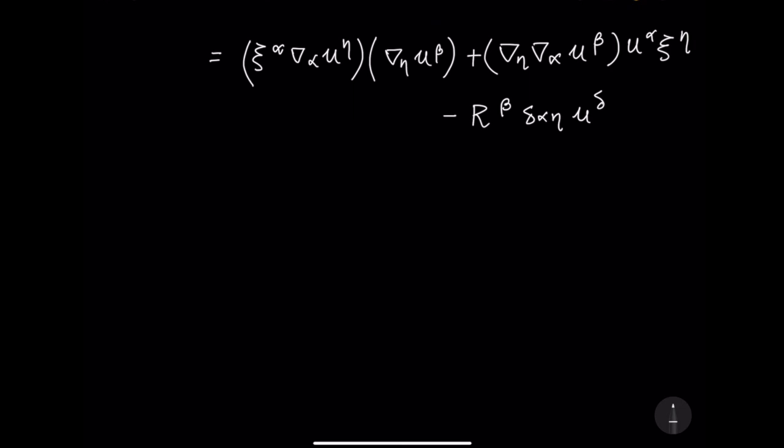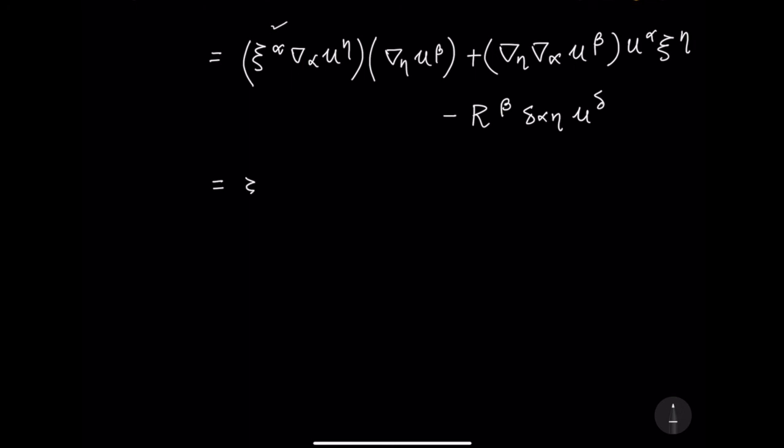Nice. At least I have got something which looks familiar. You see that alpha is a dummy index here and eta is also a dummy index. I can interchange them.